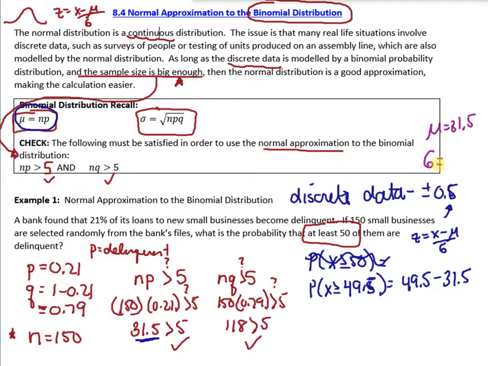Now, sigma is the square root of npq. So take that 31.5, which is your np, multiply it by 0.79, and then take the square root. I get 4.98. Let's just round to 5. Nice, beautiful number.